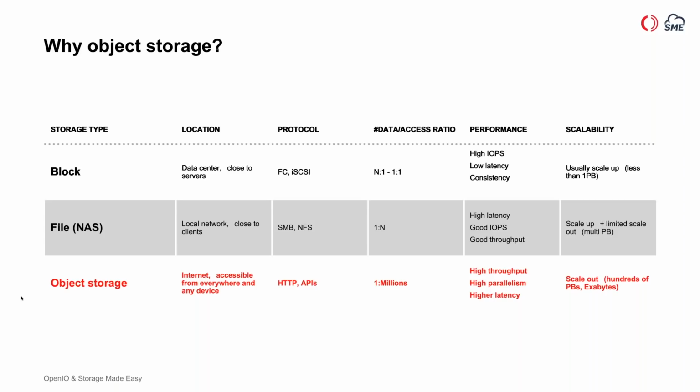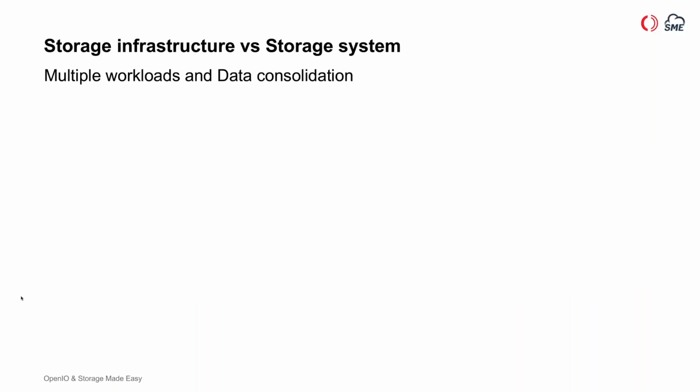But actually, this is not a problem because most of the time there are limitations in the path between the device and the storage system. These systems are usually scale out, several petabytes or exabytes, even though they can start very small sometimes. And the fact that they are compatible with all the systems that we can use, from the PC to the mobile device, is very important to distribute data all around the world, especially in very distributed organizations.